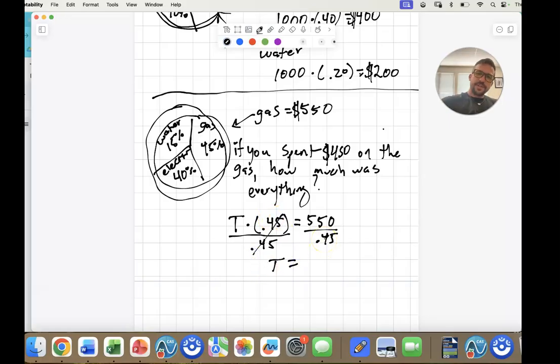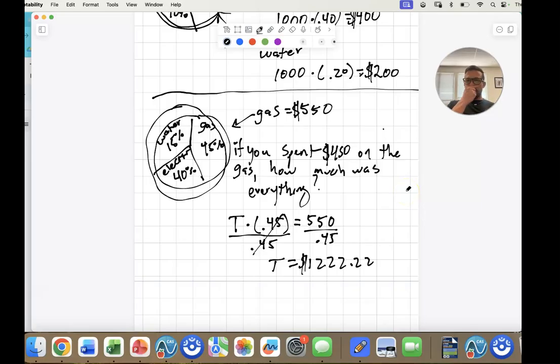And 550 divided by 0.45 is going to be 1,222.22. $1,222.22. There you go.